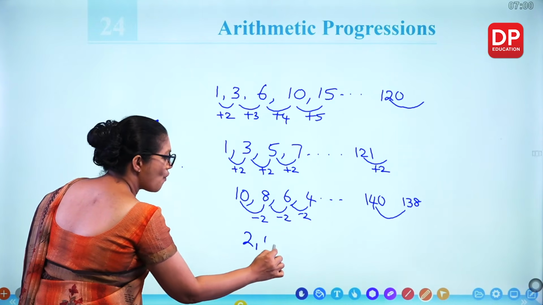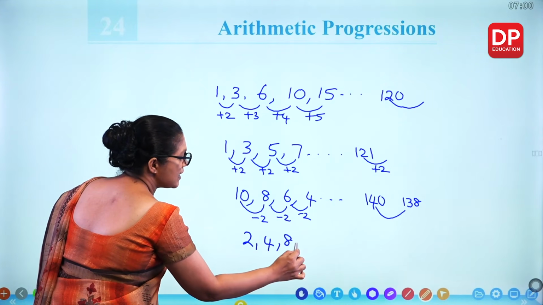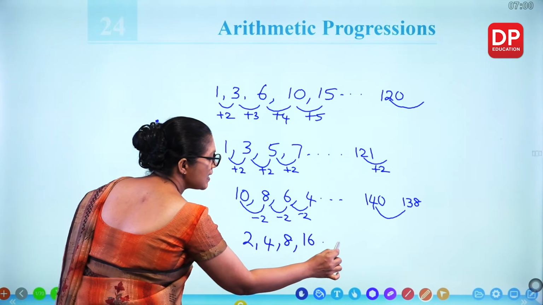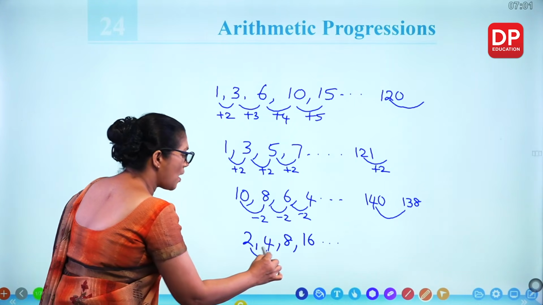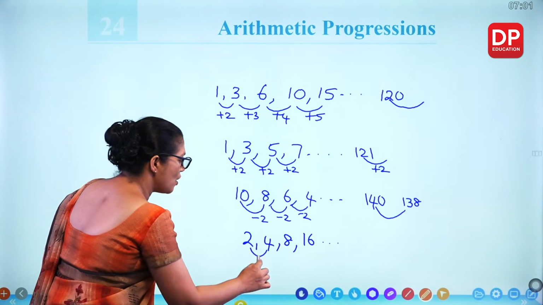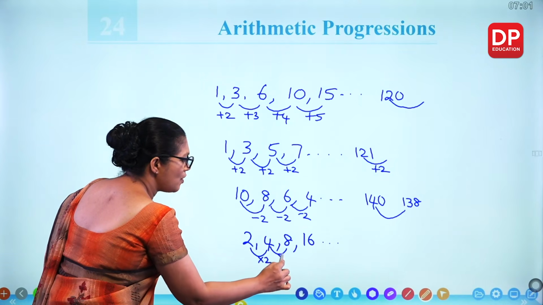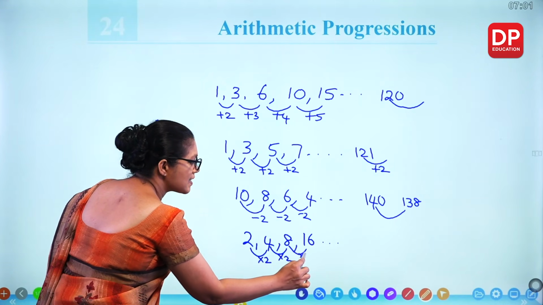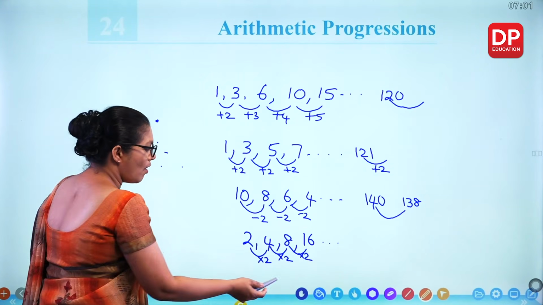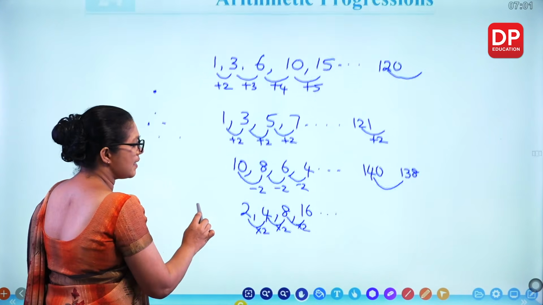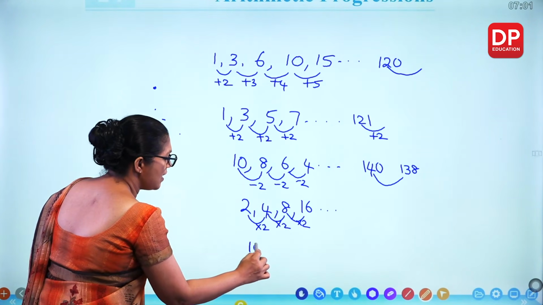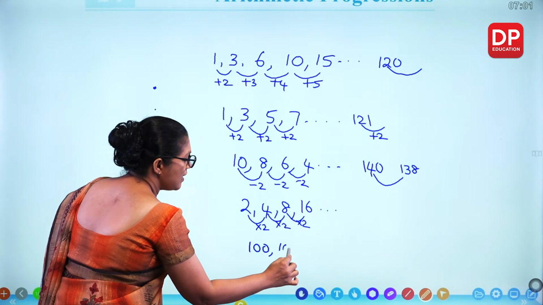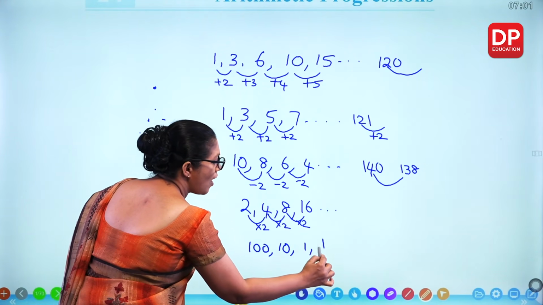2, 4, 8, 16. What's the pattern now? Multiplied by 2. 4 times 2, 8. 8 times 2, 16. Or if I give something like 100, 10, 1, 1 over 10.